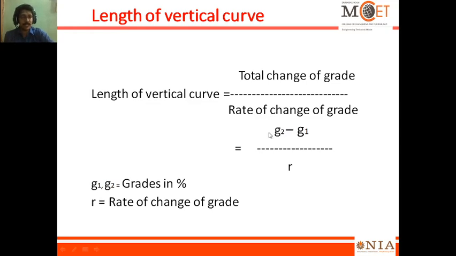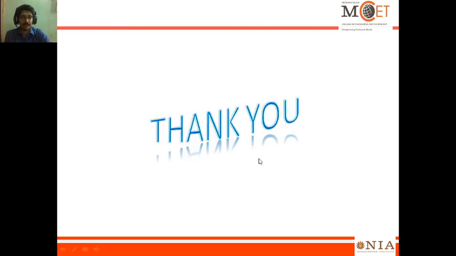Substituting the values of G2 and G1 with their symbols, minus means minus, plus means plus, that exact value has to be given, divided by the rate of change of grade, that is, how the grade of the curve changes. The grade will be in percentage, and the rate of change of grade is the symbol used. So this is the formula you have to remember, right?